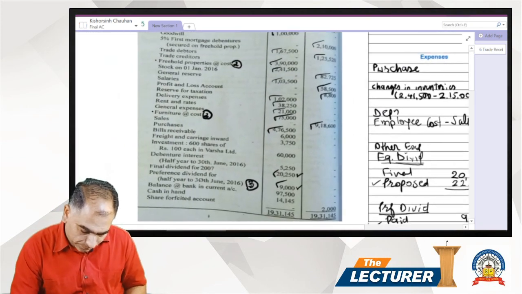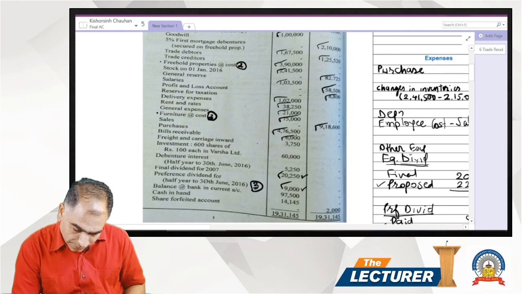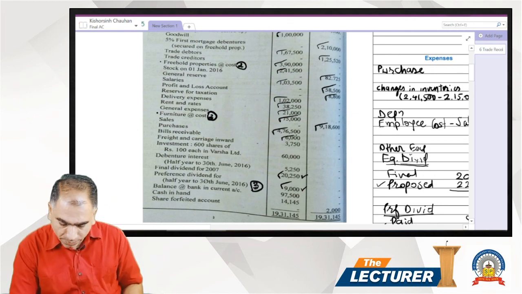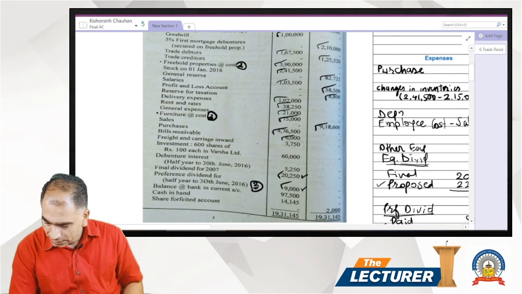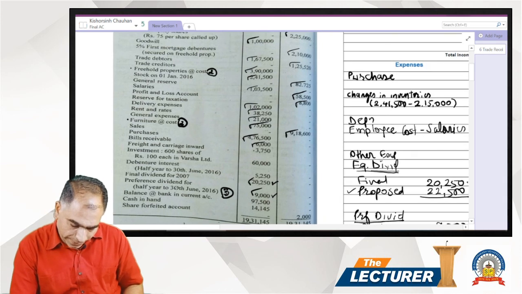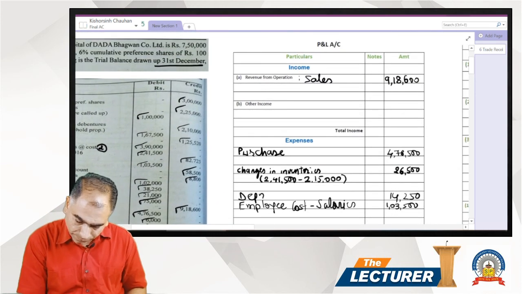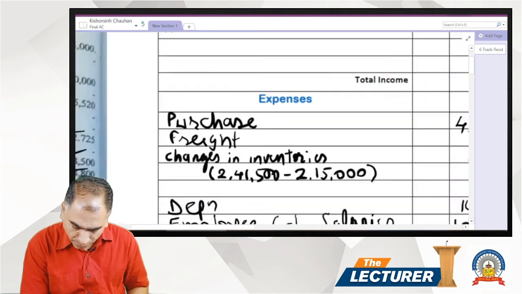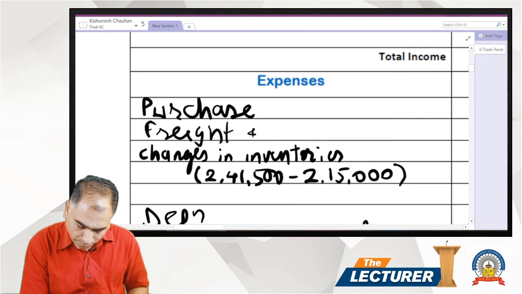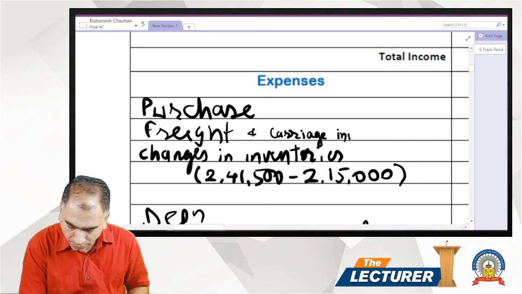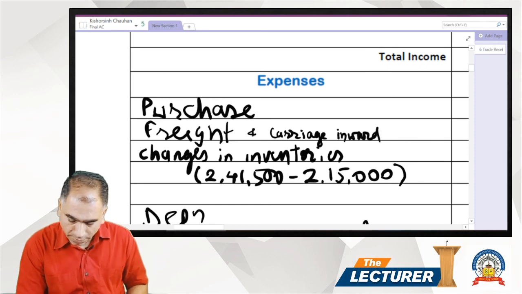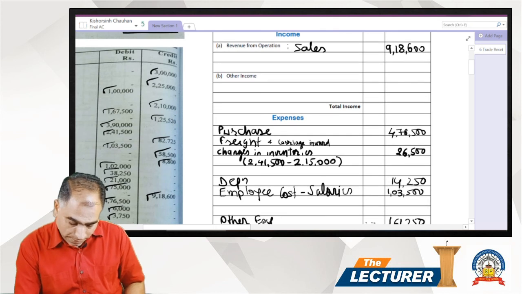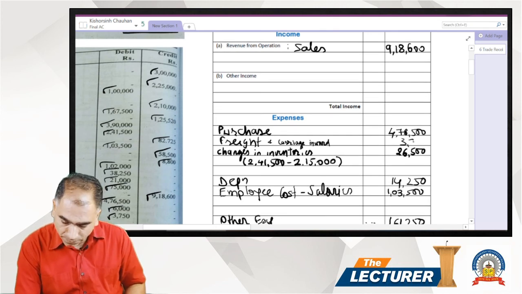Next item, consider freight and carriage inward added to the purchase, 3750.